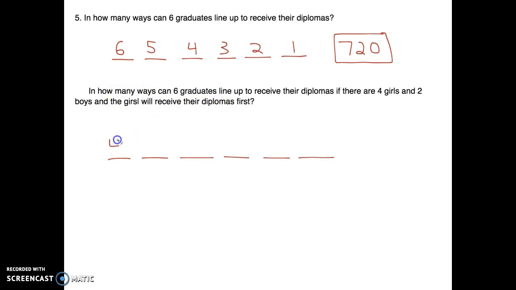So we have 4 girls to choose from, and then 3, 2, 1, because none of them can be repeated. And then we're going to have 2 boys, so we can choose out of the 2 boys, and then there's going to be 1 boy left. If we multiply all of those out, we'll end up with 48. So a lot fewer possibilities than the 720.